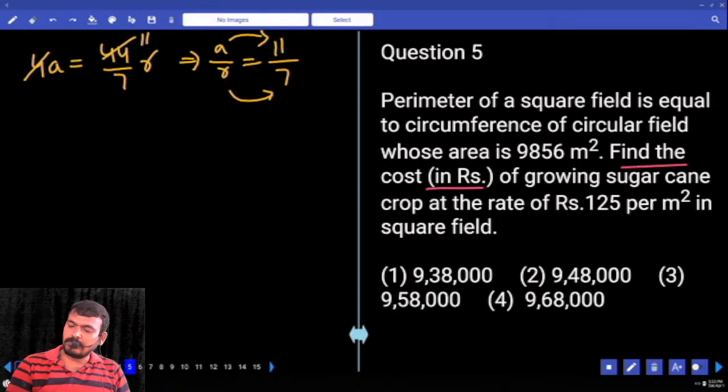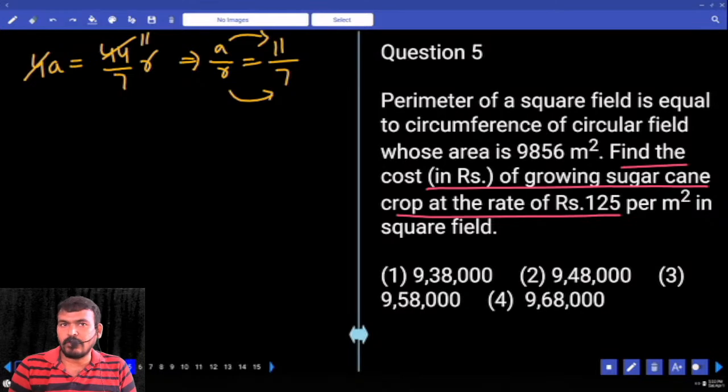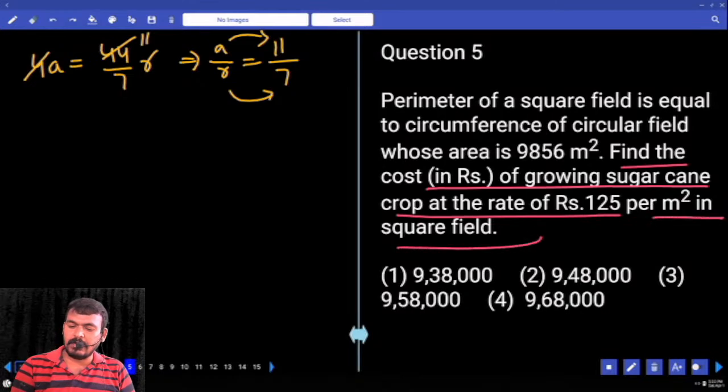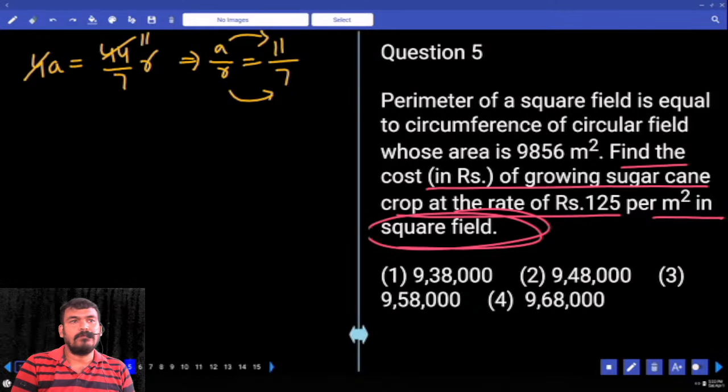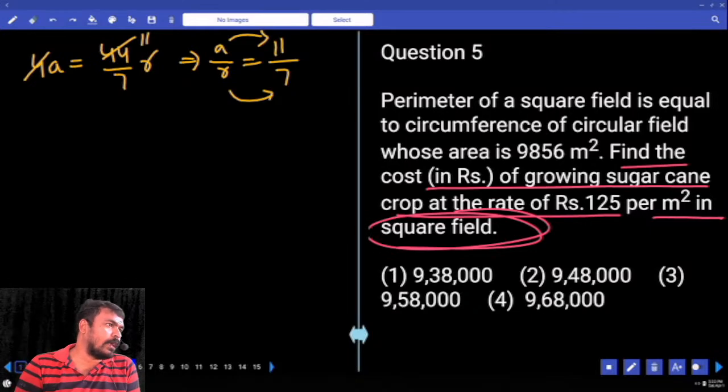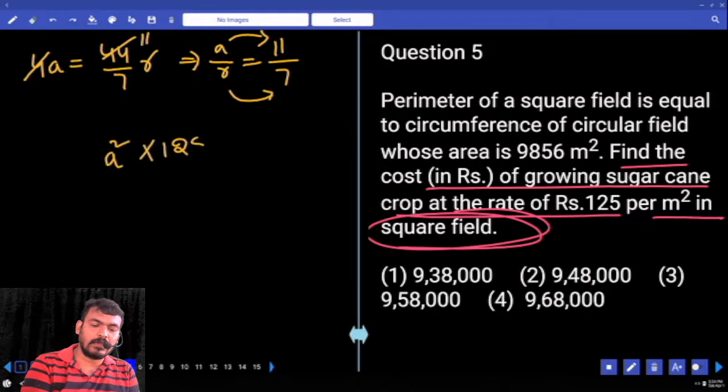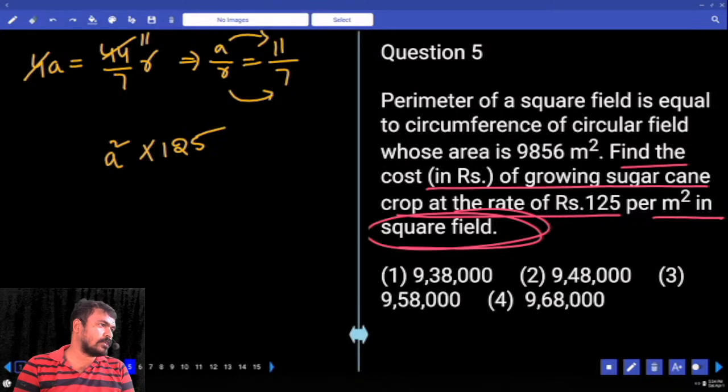What is the question here? Find the cost of growing the sugarcane crop at the rate of 125 rupees per meter square in the square field. Means we require square field area. Square field area means we require a square. Again it is multiplied by which one? 125. Because we require cost means a square into 125. a is how many parts? 11 parts.